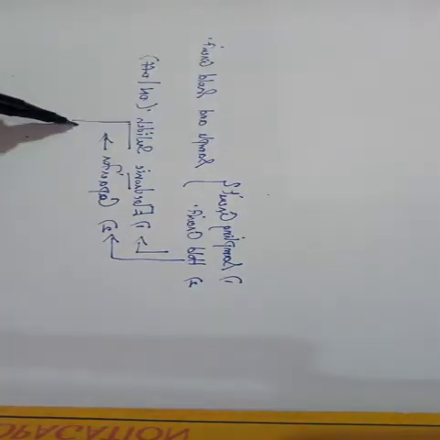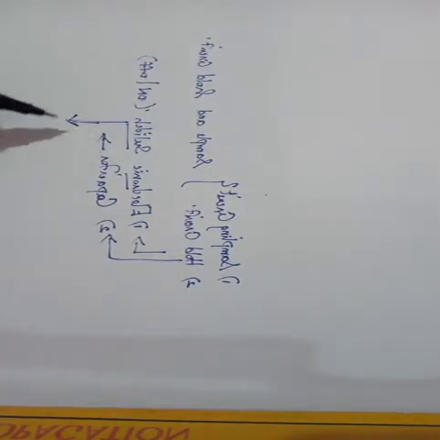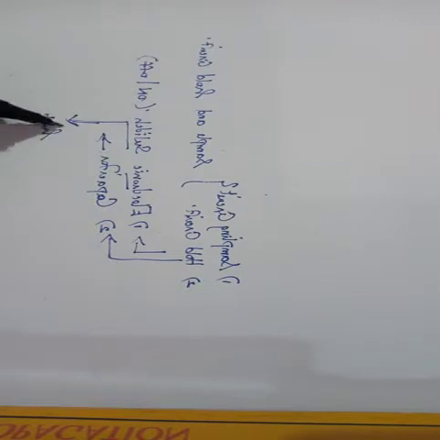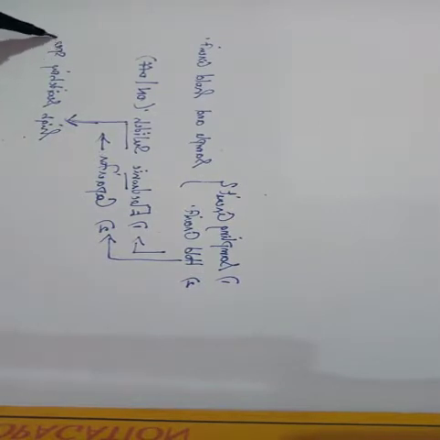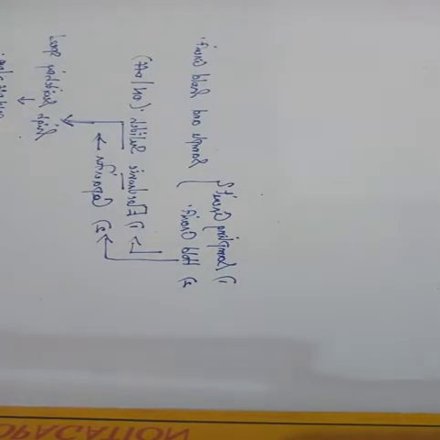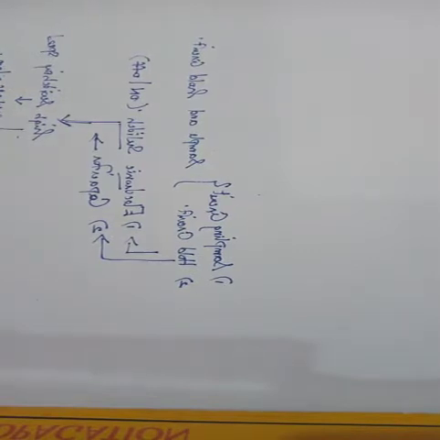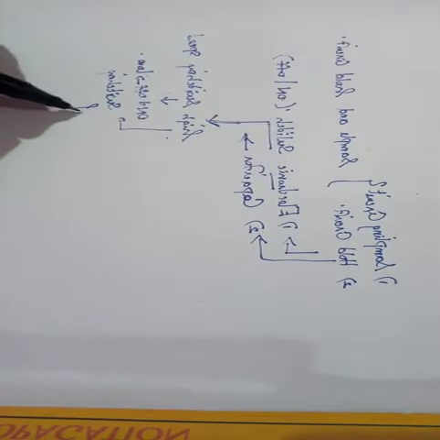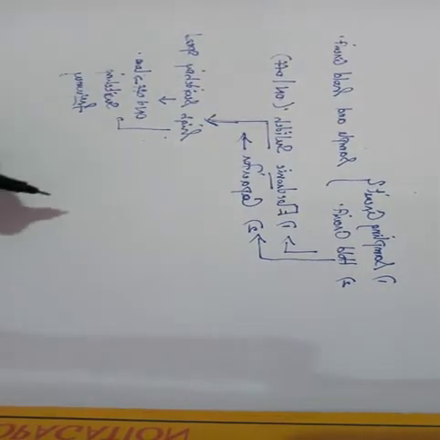Coming to the electronic switch, for a better sample and hold circuit, preferably use an electronic switch which has a high switching speed, that is, the on and off time should be very low, and hence the switching frequency is very high.